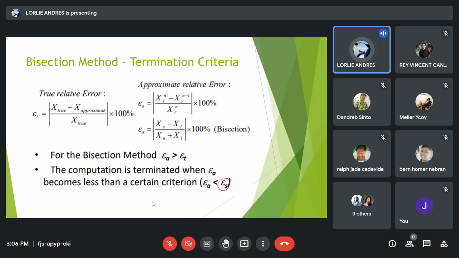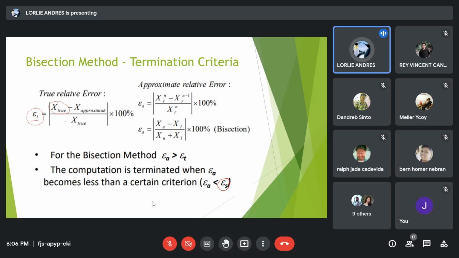So for us to calculate the true relative error, that is equivalent to the true value minus approximate value divided by the true value. Kaning ato ang approximate, the true relative error, makuha lang nato ni siya if makabaluta kung unsa nga to ang true value.